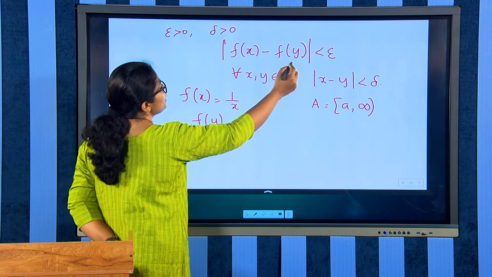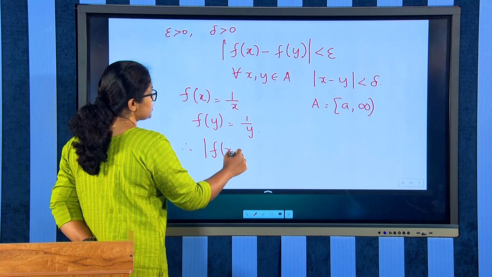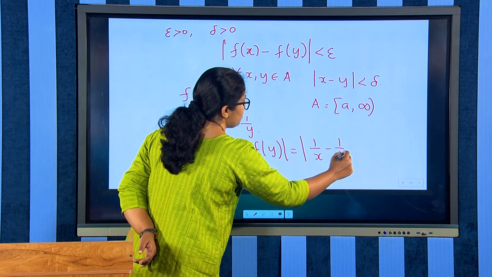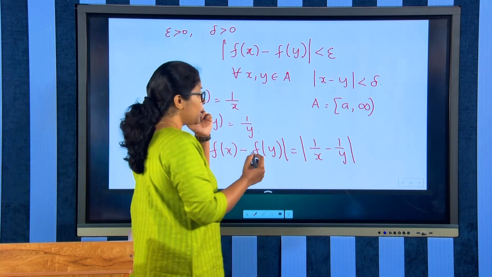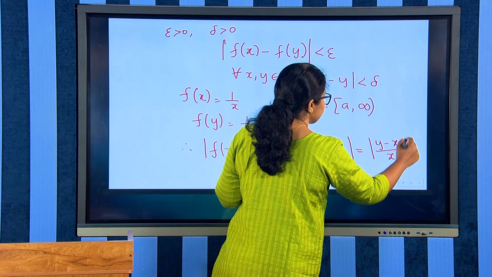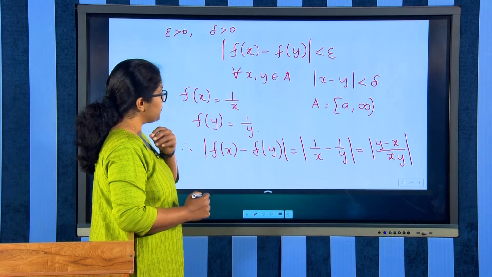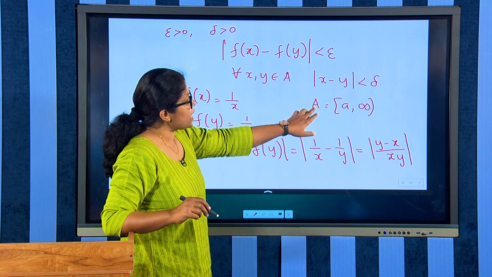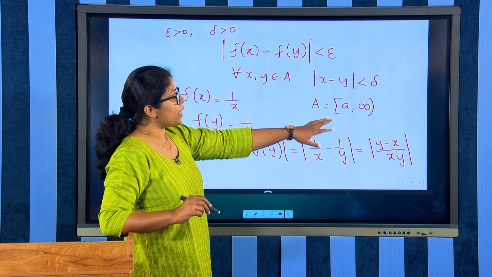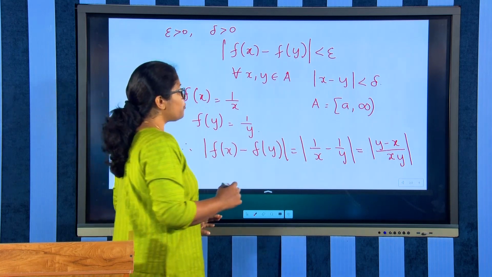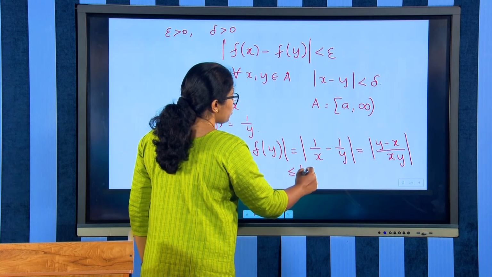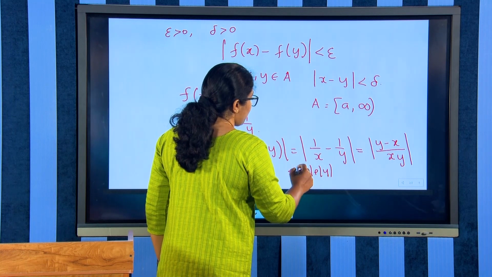Therefore, modulus of f of x minus f of y is equal to modulus of 1 by x minus 1 by y, and taking the LCM, we get modulus of y minus x upon xy, and we can see that this domain is from a to infinity, and so x and y are greater than or equal to a, and therefore we can say this is less than or equal to modulus of x minus y upon a square.